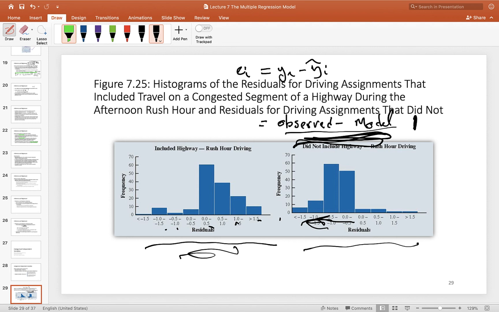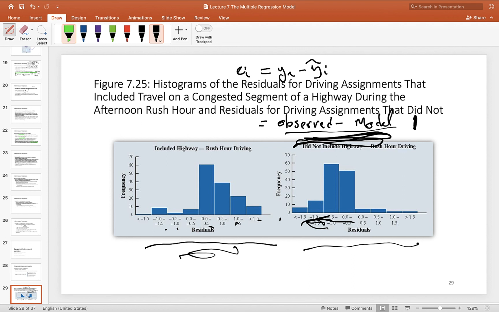That kind of makes sense, because when we don't take into account the freeway and we just average out everybody's time, irrespective of whether they drove on the freeway or not in rush hour traffic, the model is just going to take an average position. So the guys that don't drive on the freeway are going to be less than the average, and the guys that actually do drive on the freeway in rush hour traffic will be higher than average.